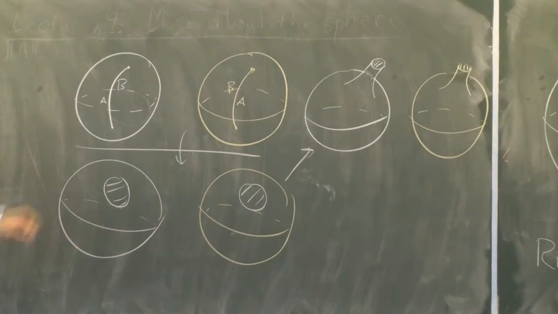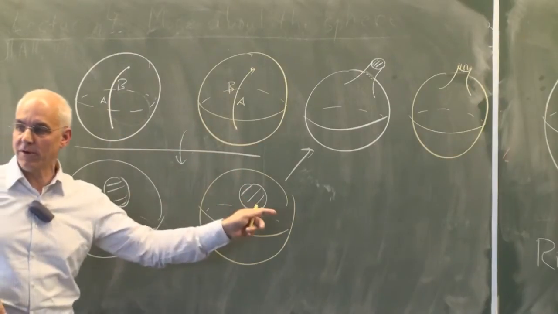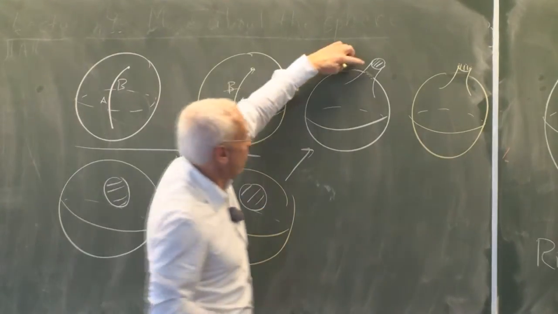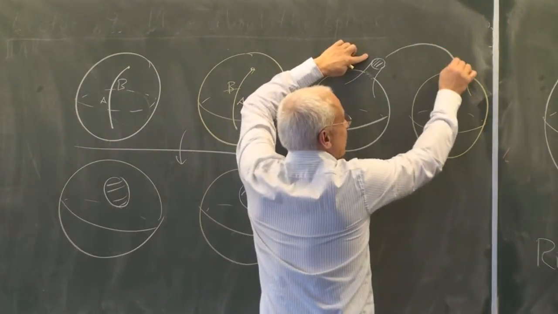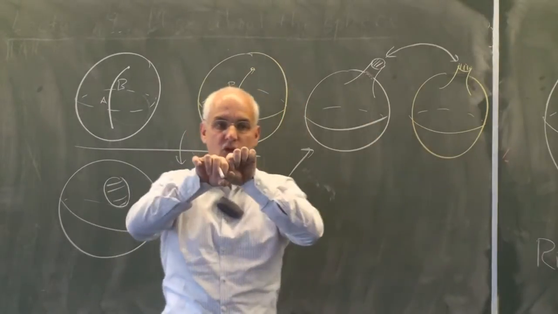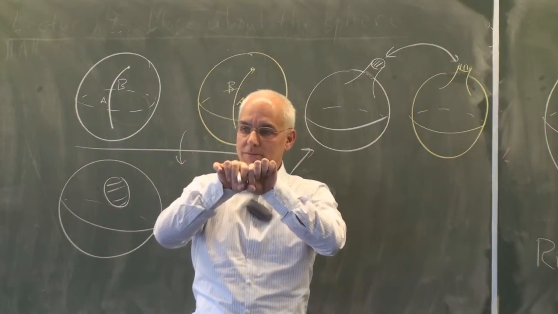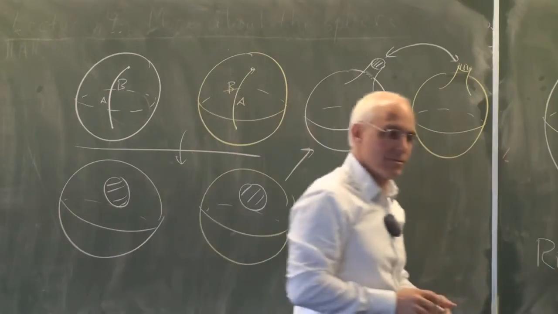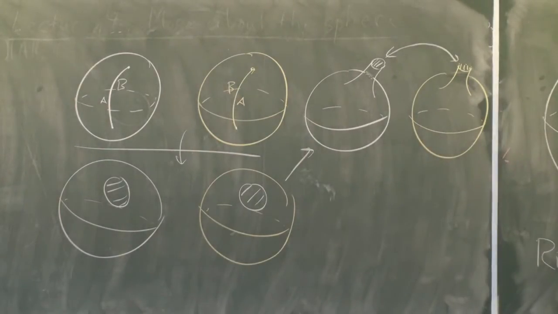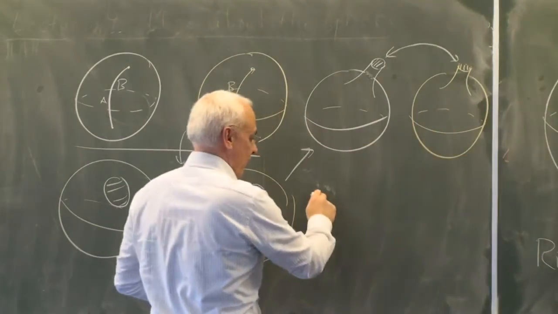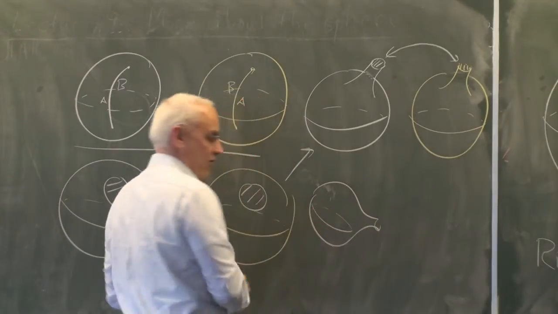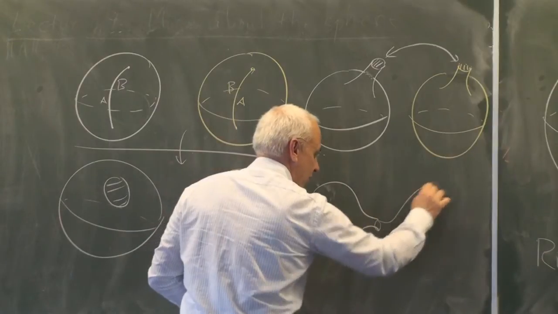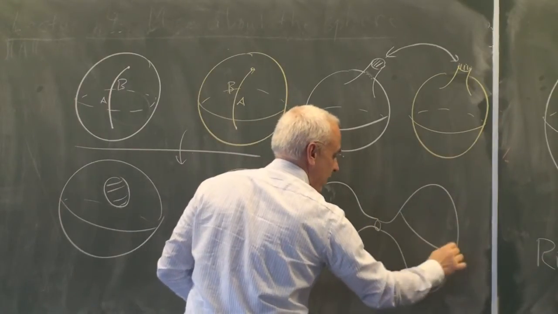And now what are the instructions? Well, the instructions are to glue these two things together. We have to glue one side of this to one side of this, and the other side of this to the other side of this. That ends up amounting, once you look at it carefully, to simply gluing those tubes together. And so the result of that is, well, if you allow me to tilt it a little bit, we've got one sphere like that, and then we've glued it to another sphere like that.